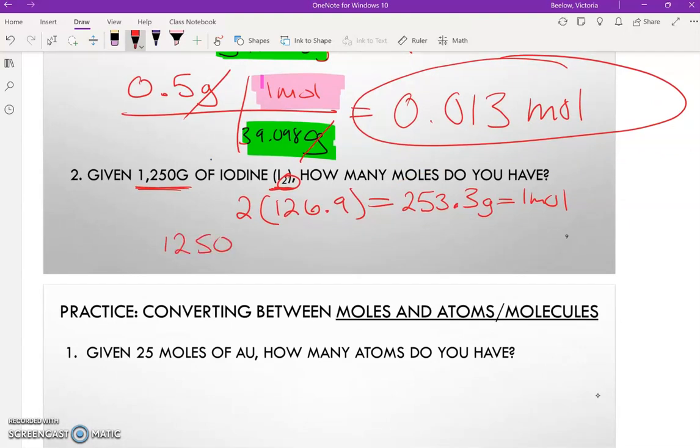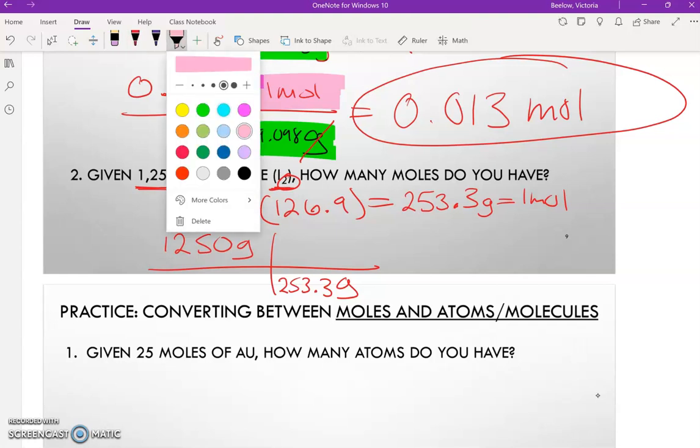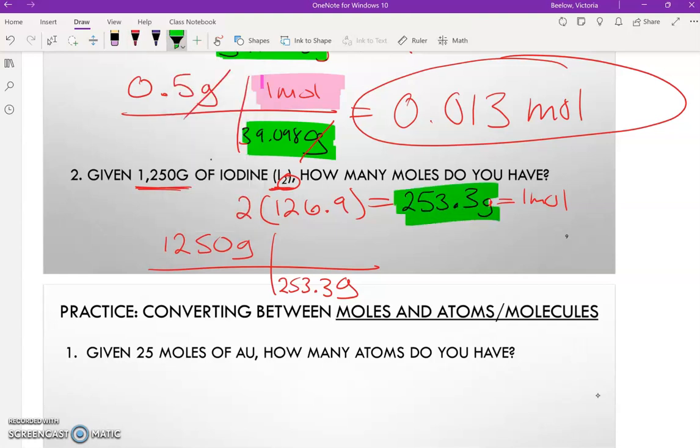It's 1,250 grams. Again, if grams is here, I also have to have grams in the bottom. According to this, 253.8 grams. And the thing that goes above that, it is equal to, which is 1 mole.